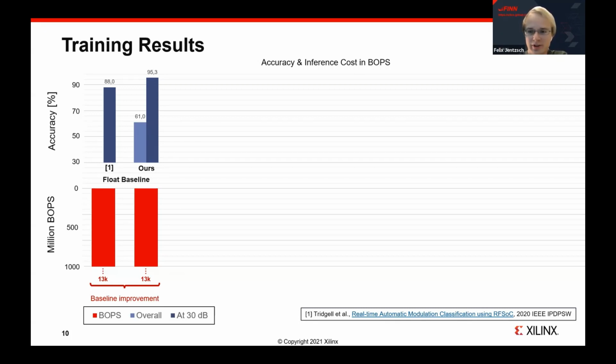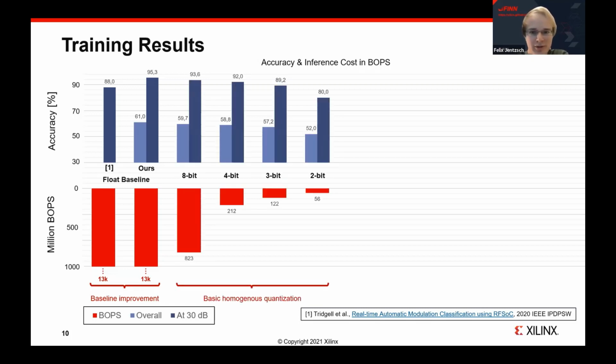It reaches about 61% overall and 95% high SNR accuracy. Naturally, the bit ops metric for floating point operands for this network explodes, and it's literally off the charts here. Next, we trained variants with homogeneous quantization, so all weights and output activations at either 8, 4, 3, or 2 bits. As expected, the overall and the high SNR accuracy suffer by roughly the same margin, while the inference cost decreases quadratically.